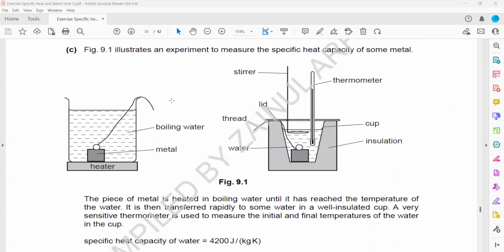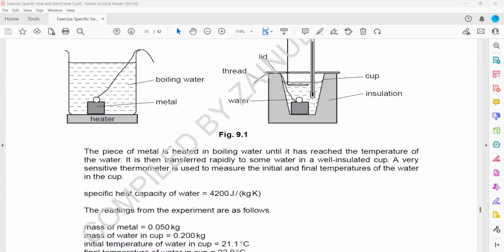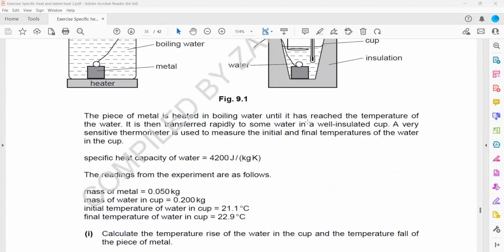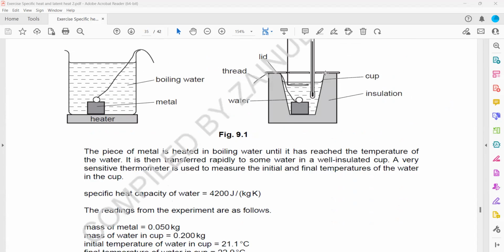Okay, so figure 9.1 illustrates an experiment to measure the specific heat capacity of some metal. A piece of metal is heated in boiling water. So what is the temperature of the metal now? Because it's in boiling water, the temperature will be 100.